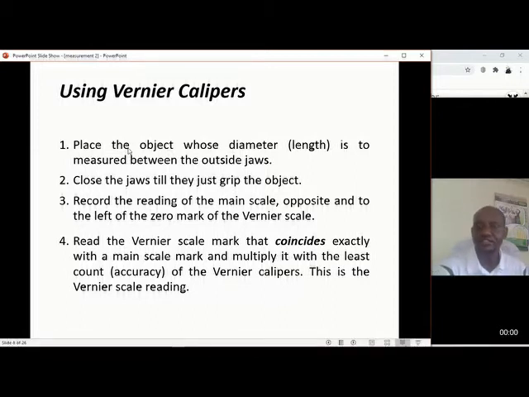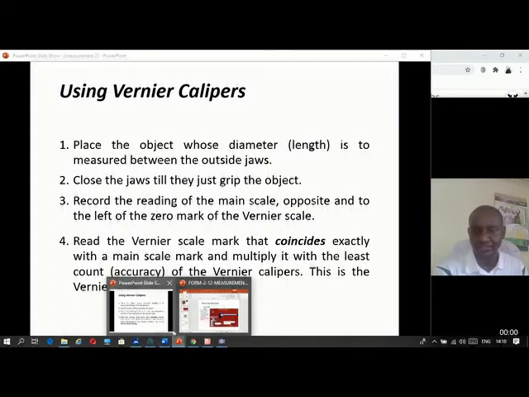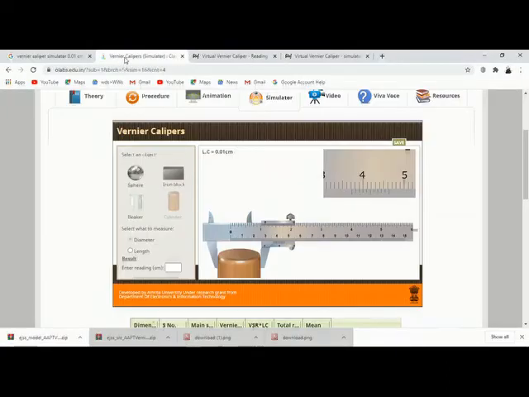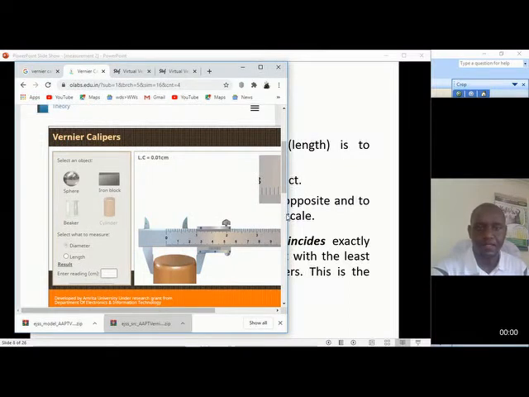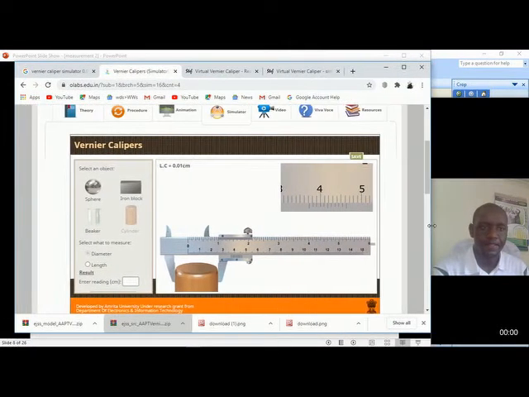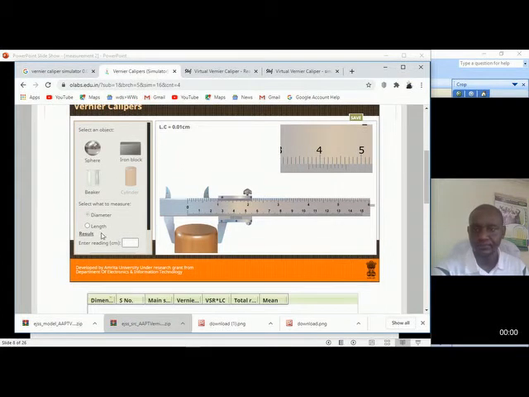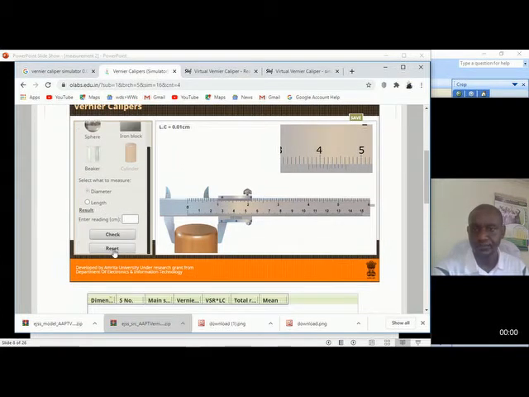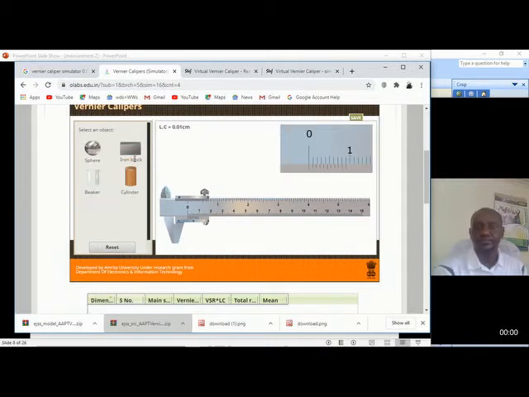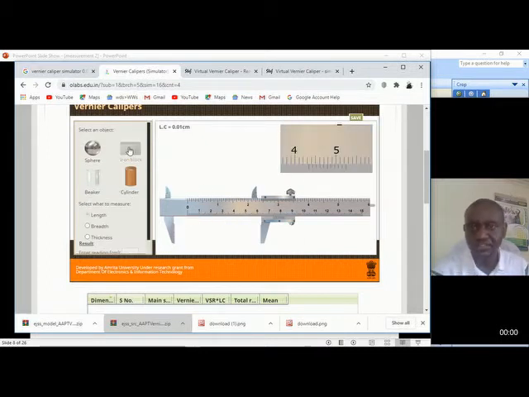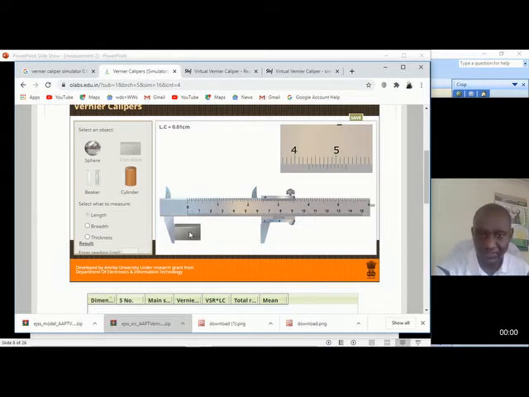Place an object whose diameter or length is to be measured between the outside jaws. To do that practically, for example, we take a block, place it inside here.